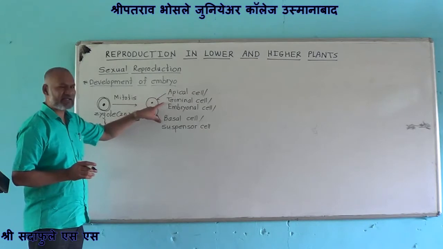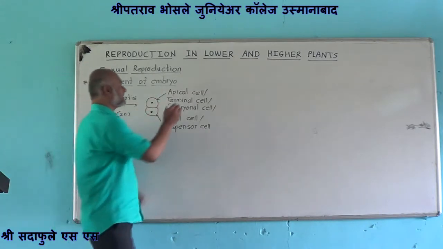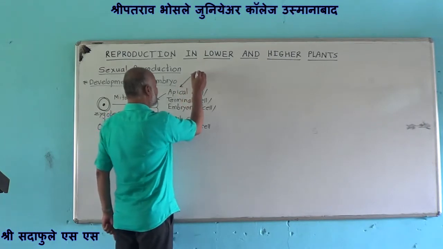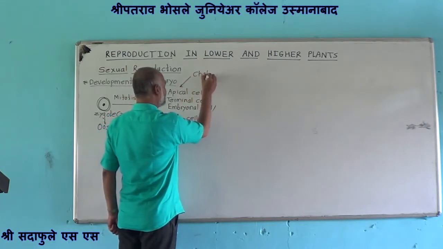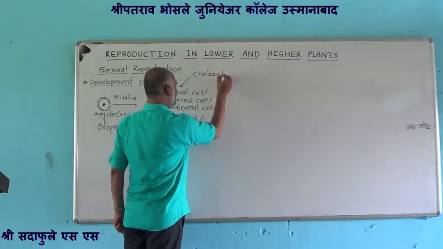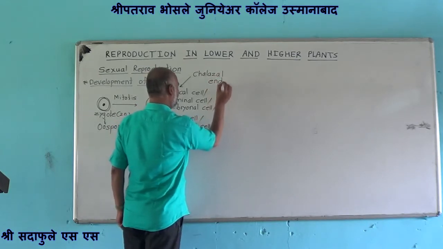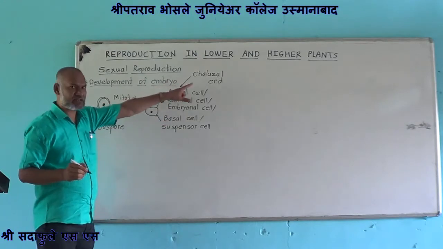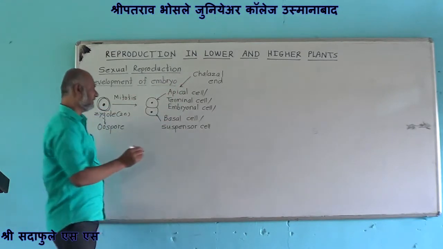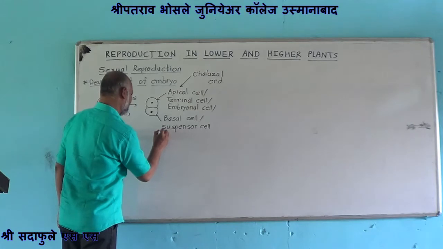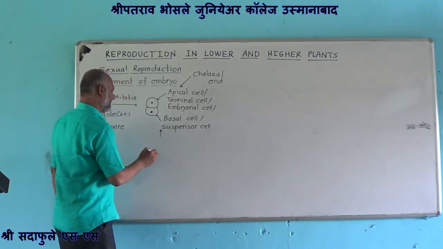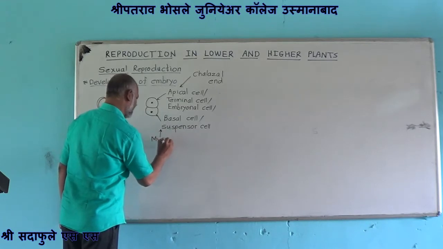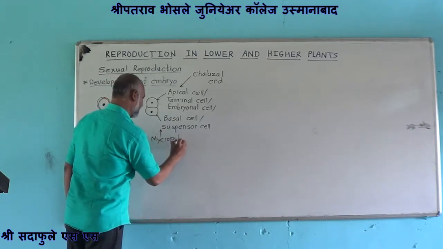Remember, this apical cell is always present towards the chalazal end, and this basal cell or suspensor cell is present towards the micropylar end.